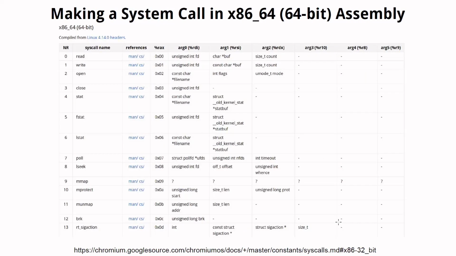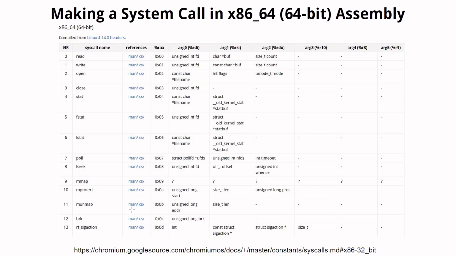So for 64-bit, the system call numbers are reshuffled. I don't know what the design rationale was to reshuffle this, but you can see read has system call number 0, write has system call 1, and 11 is for the system call memory unmap. They are reshuffled.